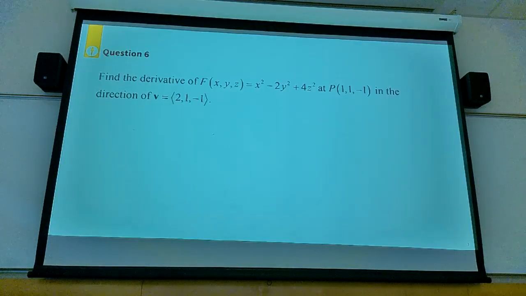Again, we need the gradient. What's the gradient? 2x, negative 4y.